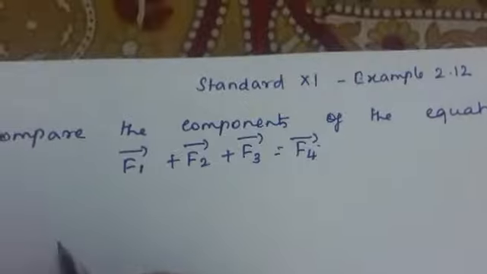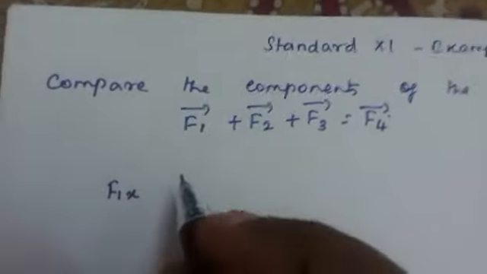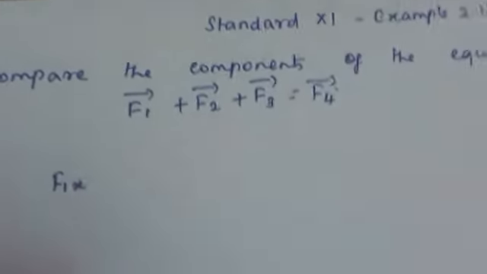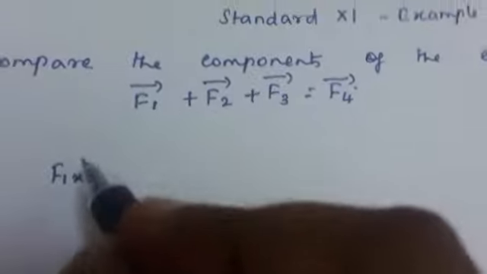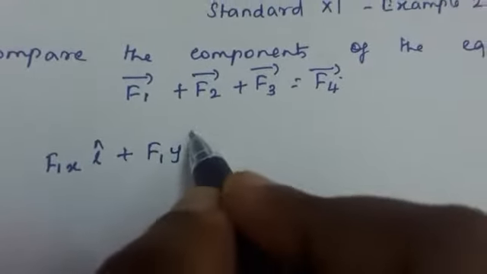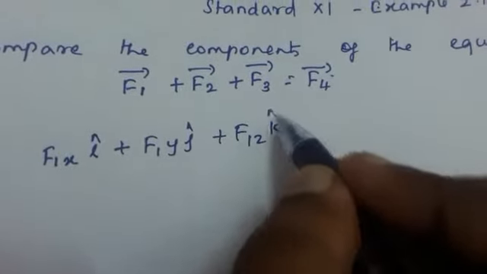So f1 vector can be written as f1x into i vector plus f1y into j vector plus f1z into k vector.